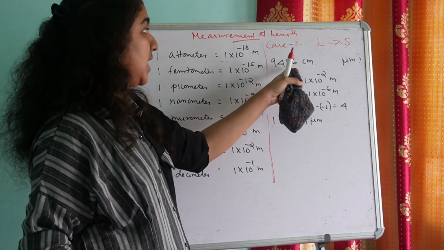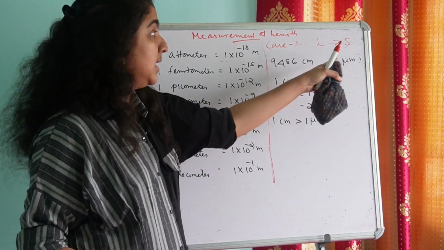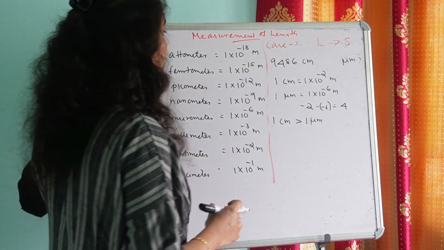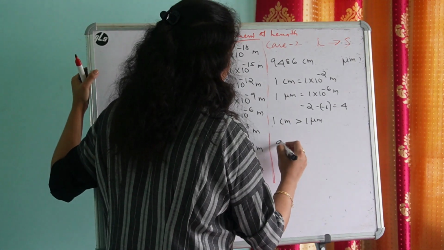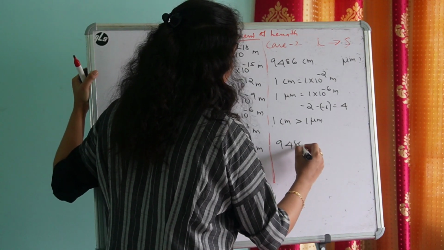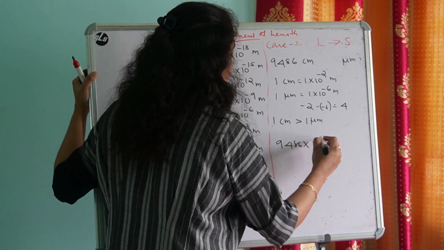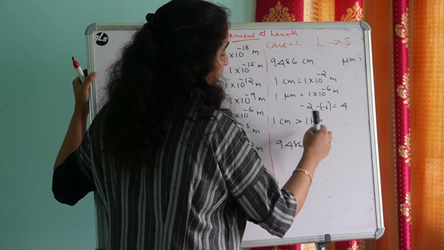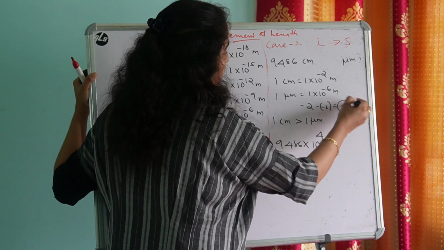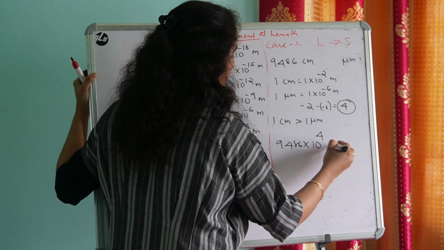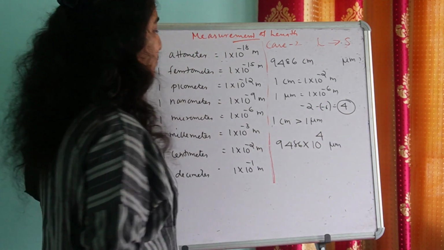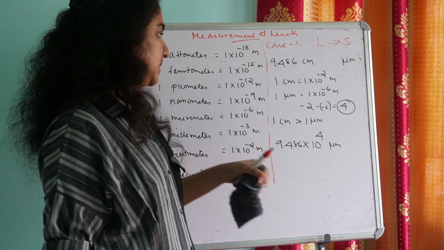So the value is given in a larger unit and I am asked to find the value in a smaller unit. So what I have to do is multiply the given numerical value 9486 by 10 power 4, 10 power the difference between these two powers, and the unit asked in the question, mu meter. Is it clear?